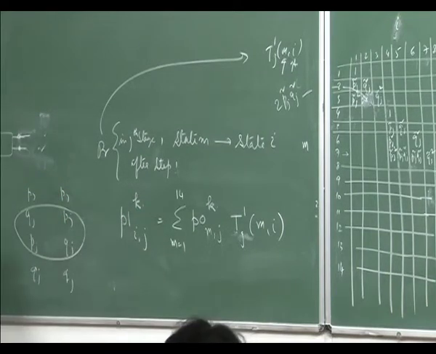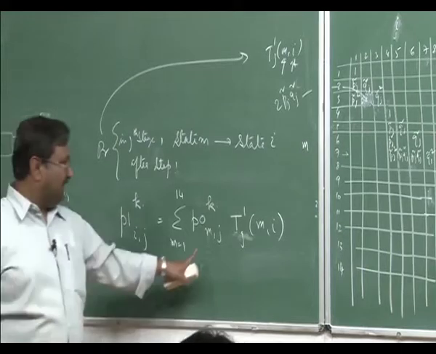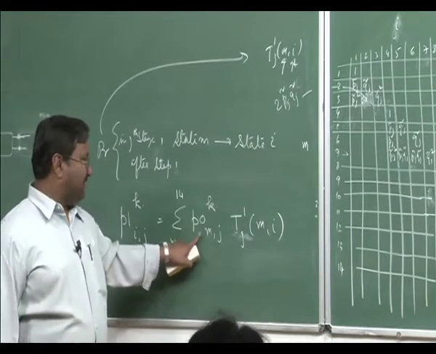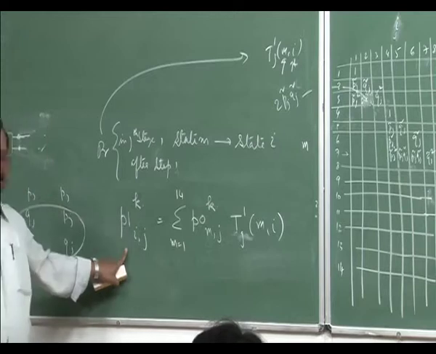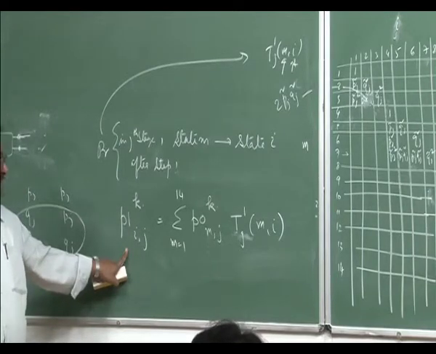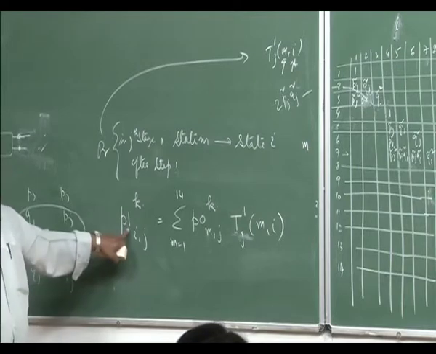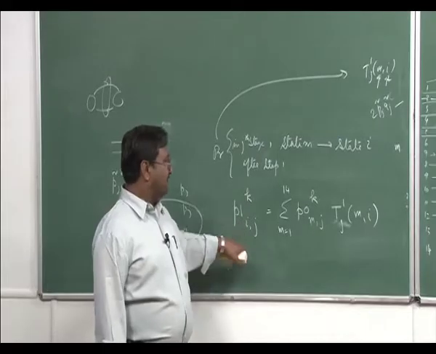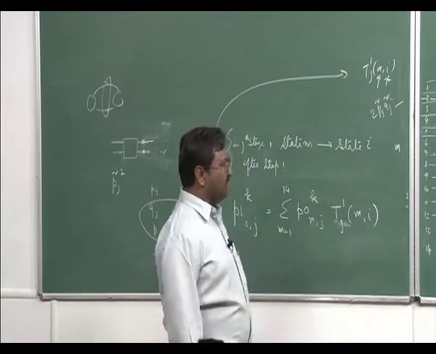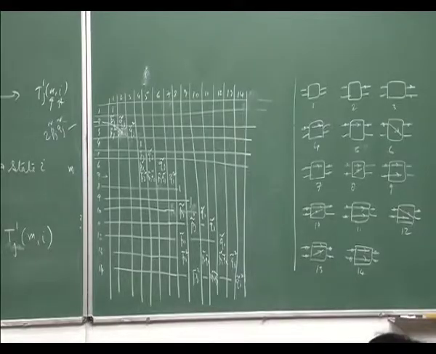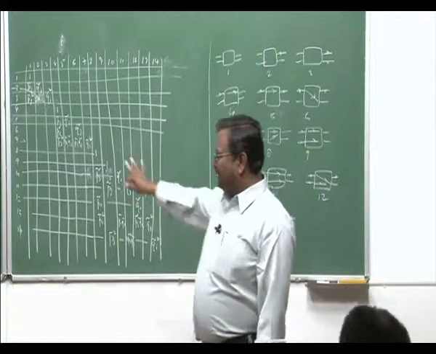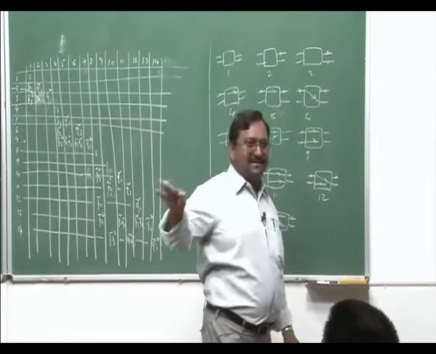I think now you can appreciate. If I know the state probabilities in state j after 0, I can compute from there my state probabilities after step 1. These are the transition probabilities which will come, and the transition probability is now depending on the state.